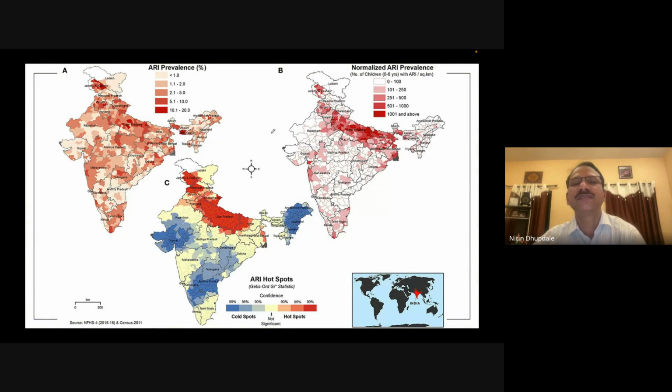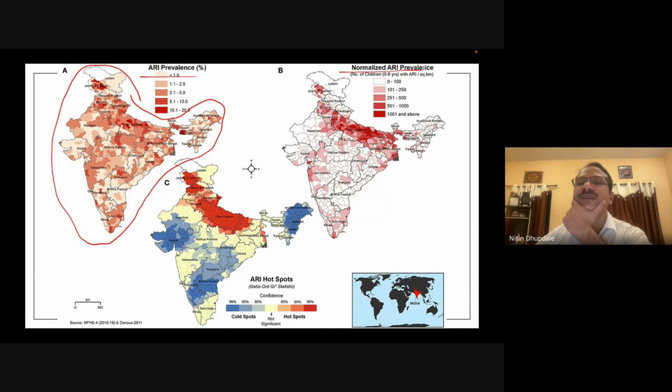Okay, so this is one of the study examples where they did a study of ARI prevalence. You can see how beautiful the maps are, and they are showing us the prevalence of ARI in the country. Then they run some tests, and they depict the normalized ARI prevalence, the ARI hotspots.